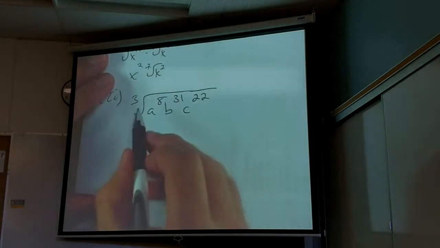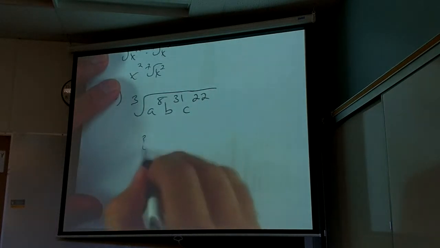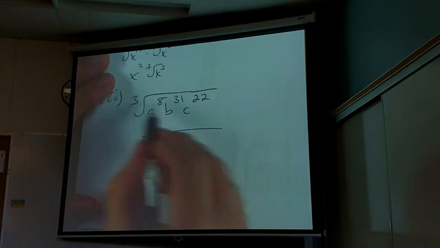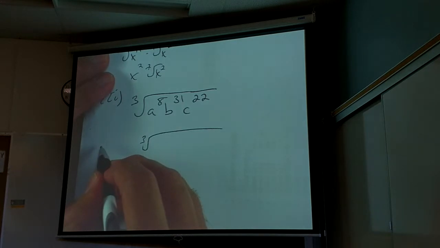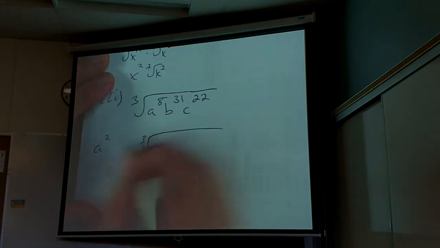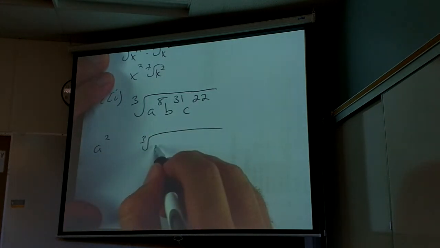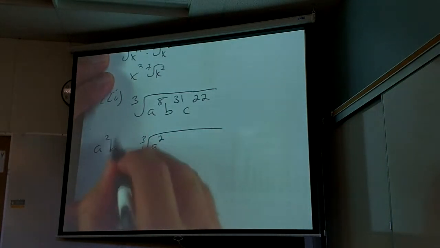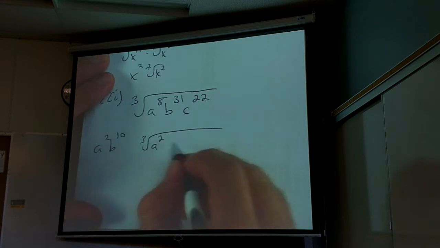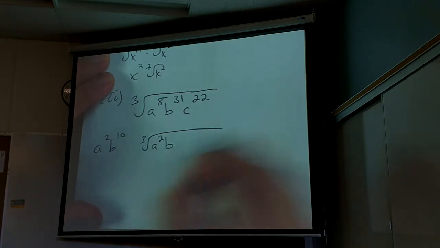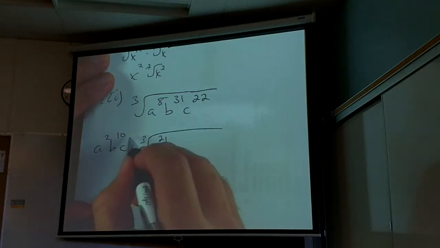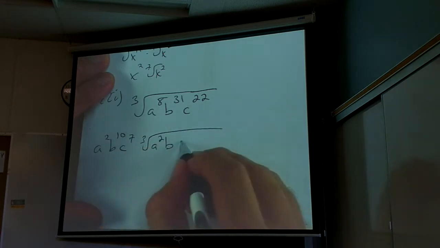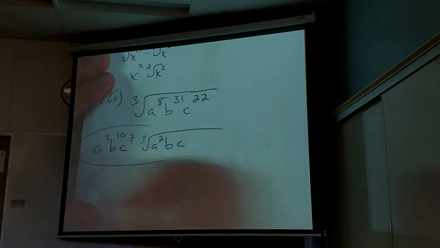Let's see, what do I just say to myself? 3 goes into 8 two times with 2 left over. 3 goes into 31 ten times with 1 left over. 3 goes into 22 seven times with 1 left over. Bam.